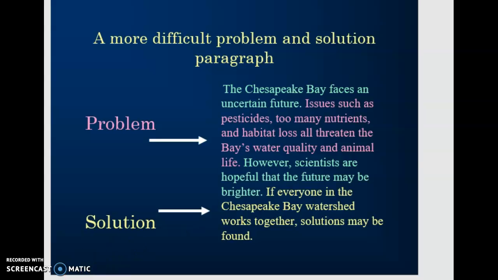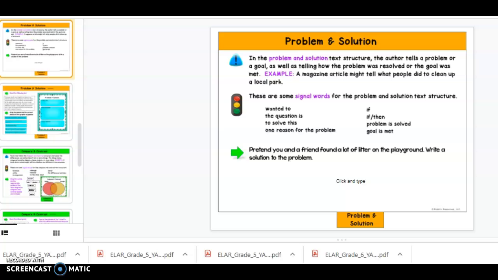So as you can see, sometimes the author will be very generous and give us the words problem and solution, and then other times we really have to put on our critical thinking caps and dig out that problem and that solution in the text. Okay, now it's going to be your turn to practice problem and solution.